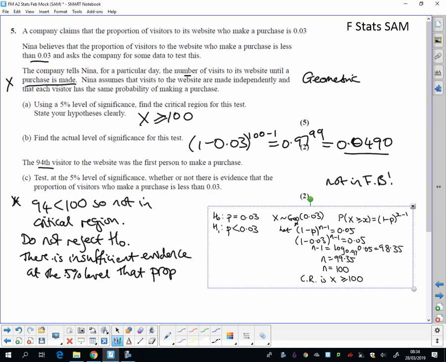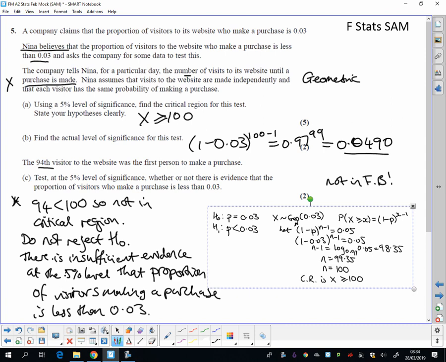So the proportion of visitors making a purchase is less than 0.03. You've just got to give a correct conclusion in context. I think another alternative would be to say there's not enough evidence to support Nina's belief.